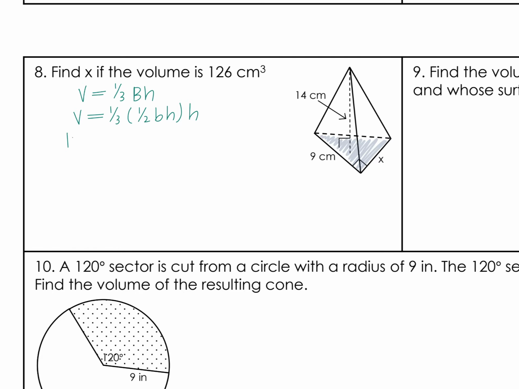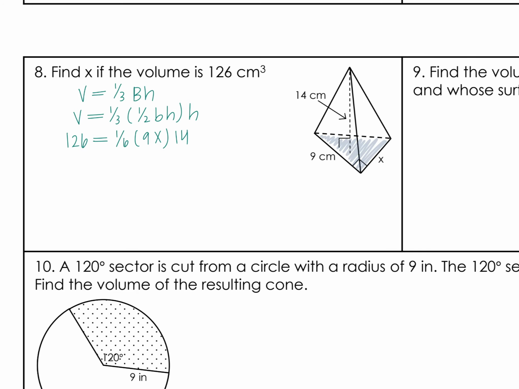We have 126 is equal to, I'm going to go ahead and simplify: 1/3 times 1/2 is just 1/6. We have our B times our H, which is talking about our base, so we'll have the 9 times x times my height of 14.